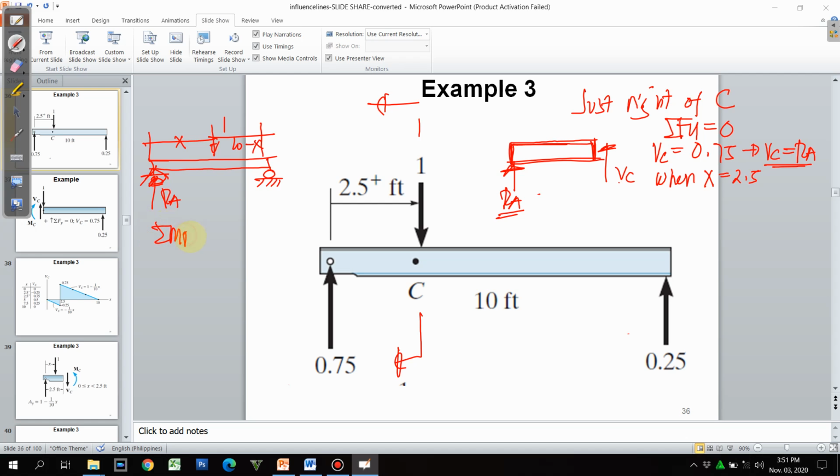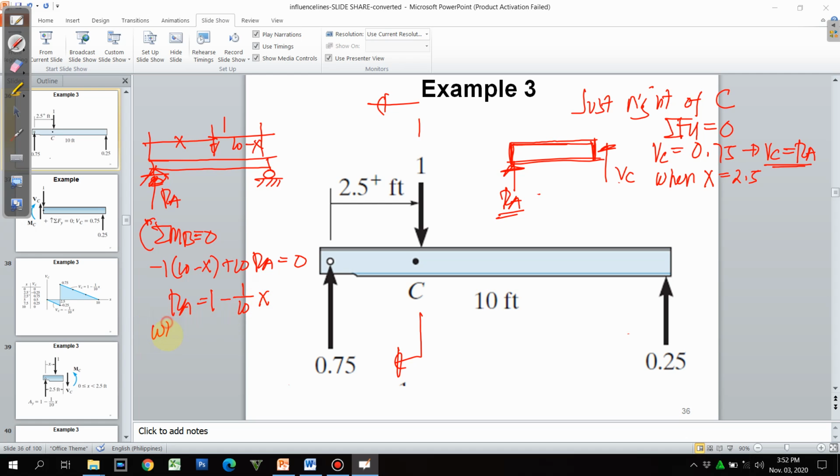The summation of moments at P: negative 1 times 10 less x plus 10 RA. So RA can be written as 1 minus 1 over 10 of x.